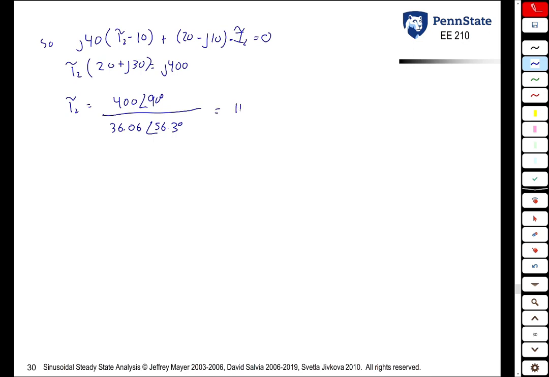You work out that math, it's 11.09 at an angle of 33.7 degrees. So I2 of t, which is what we're ultimately looking for, is just 11.09 cosine(10 to the 4th t plus 33.7 degrees) amps.